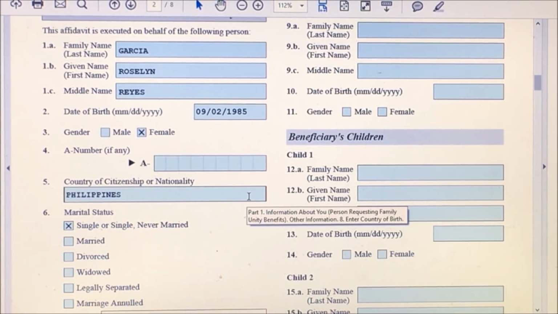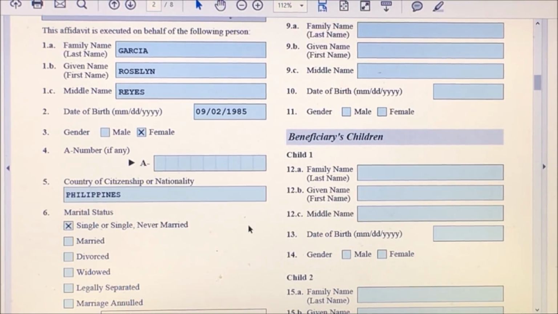So on alien number, most visitors to the USA would not have this number, so therefore leave it blank. Okay, because this is the first time we apply for a K1 fiancé visa. So the beneficiary, which is I, myself, I don't have an alien number.